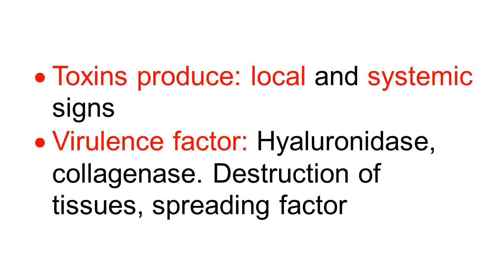The important virulence factors that help the organism in causing the pathogenesis are hyaluronidase and collagenase enzymes. These virulence factors cause destruction of the tissue, necrosis, and help the organism to spread the disease. So it is called a spreading factor. This is how the disease progresses very fast.